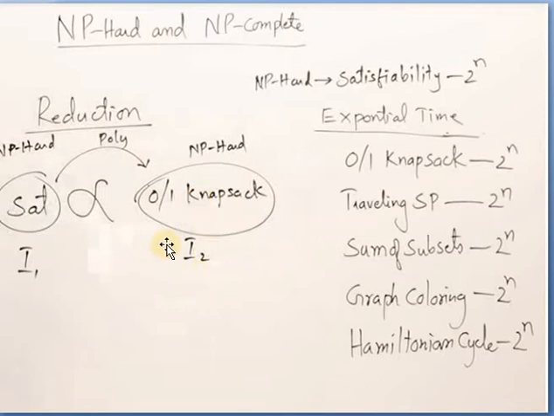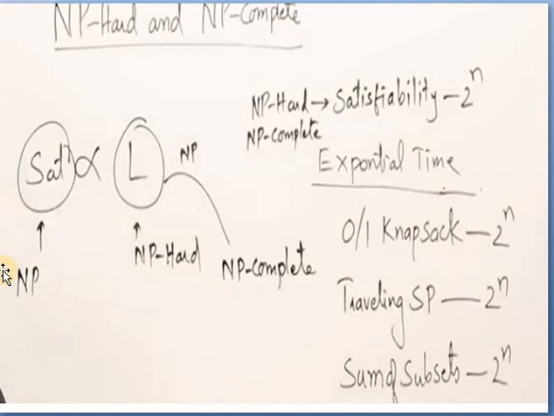Now we will try to understand the NP hard concept. If I convert the satisfiability problem into another problem, say L, another problem in the category of exponential time algorithms, then as satisfiability is an NP hard problem. Why is satisfiability an NP hard problem? Because it has a non-deterministic polynomial time algorithm at present.